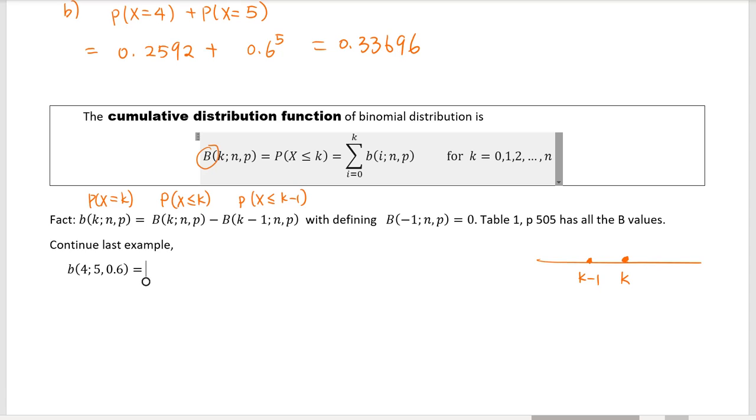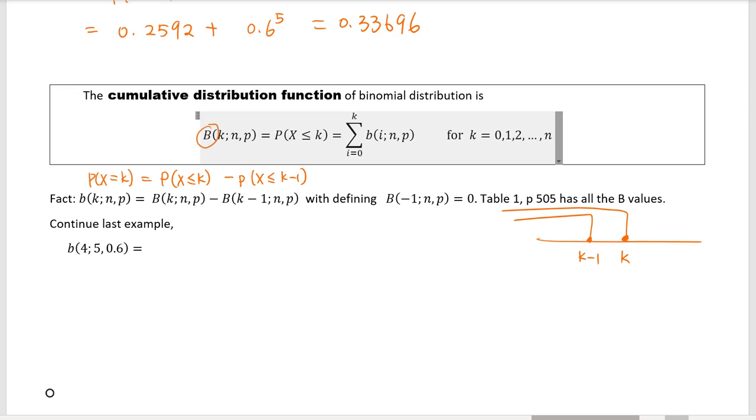So the probability at X equals k is the probability of X less than or equal to k minus the probability X less than or equal to k minus 1. Then we just have this one. We define b of minus 1 and p equal to 0, because when k equals 0, we then just have b of 0 and p equals capital B of 0 and p.